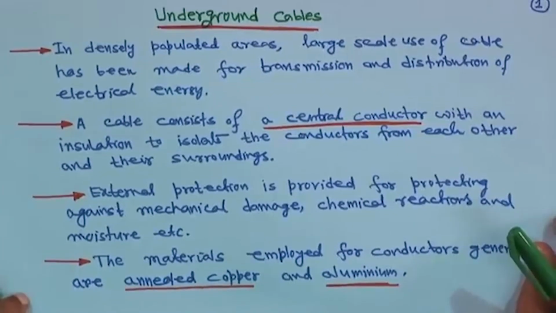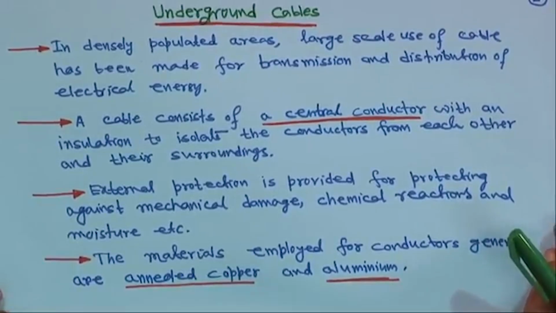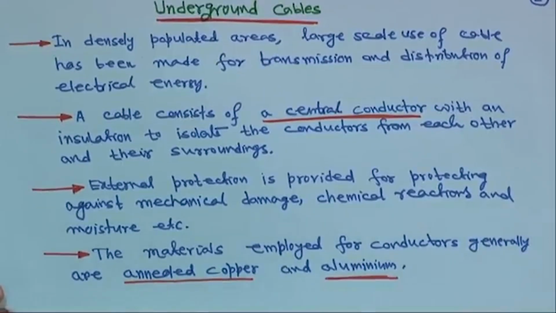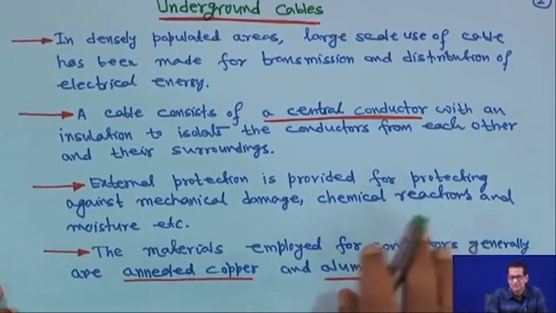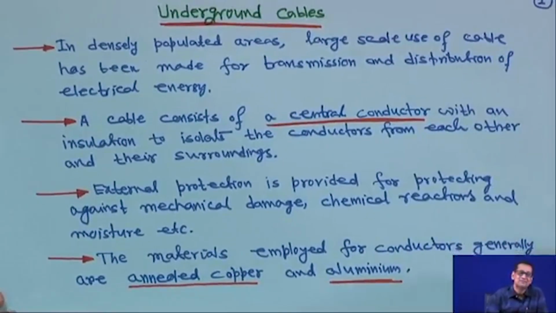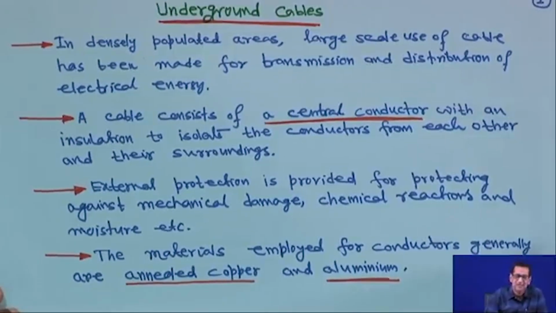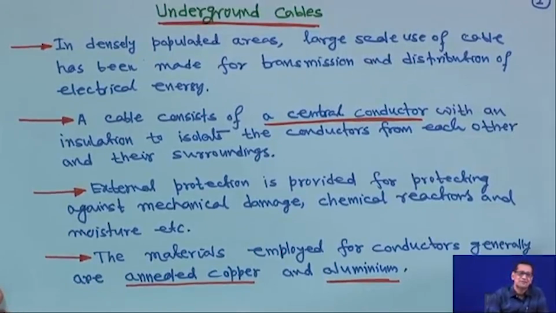I have to restrict it, because we have to cover many other things. First is the introduction regarding underground cables. The general knowledge is that underground cable is much more expensive than overhead conductor, at least 2.5 to 3 times more.